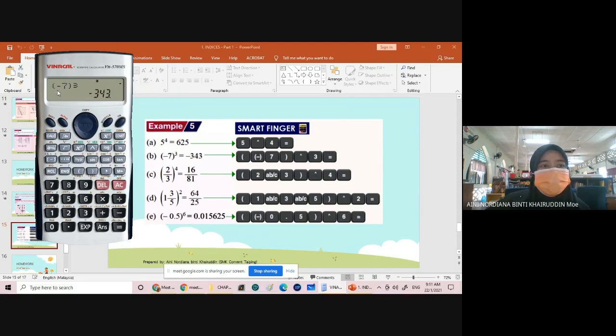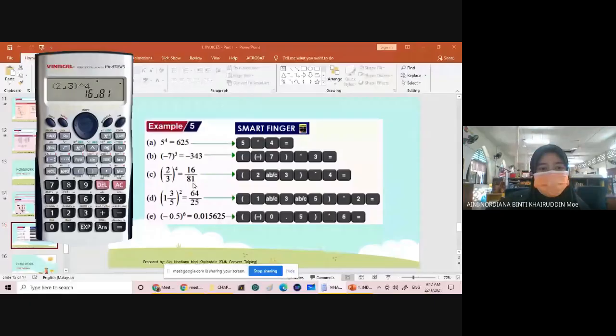Don't forget the bracket. Okay, how about the fraction number? Again, bracket 2 over 3 close bracket to the power of 2. So the calculator will give 16 over 81.